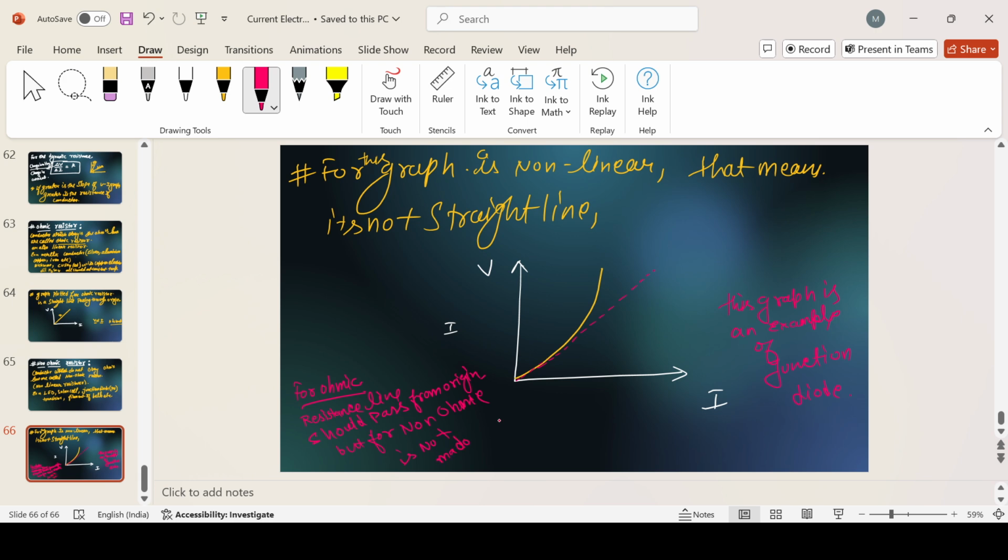It can pass from the zero, it can be from anywhere. Okay, got it everyone? Yes, sir. Remember it, for ohmic it needs to pass from the origin only, that is the O, and for the non-ohmic it is not compulsory, it can pass through it or it cannot, it can be any.